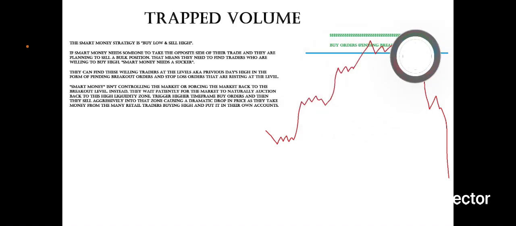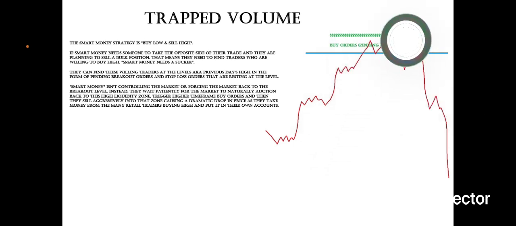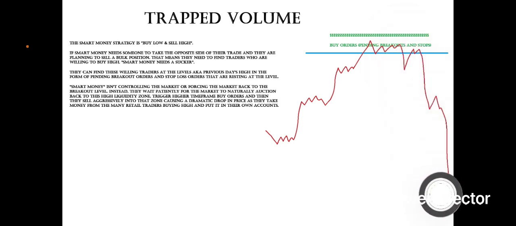Once all of those buy orders are triggered in, that gives the smart money everything that they need. There's the liquidity they need to offload that bulk position. So all they do is wait for that level to be triggered, and then they sell aggressively into that level, which results in a dramatic drop in price, okay?